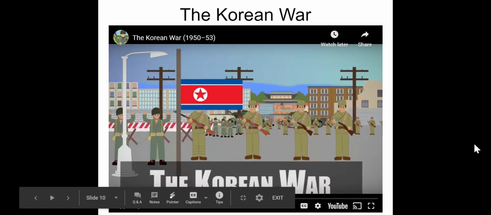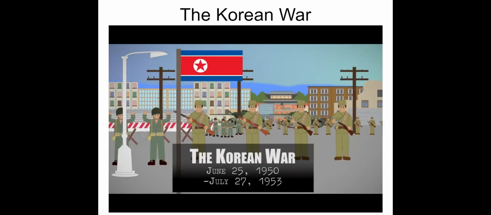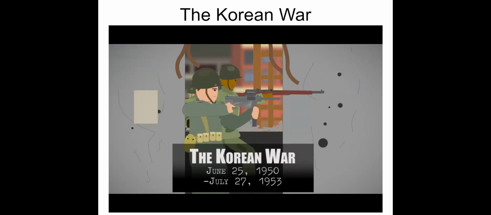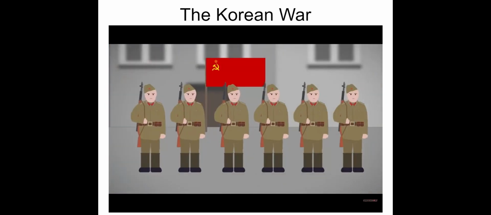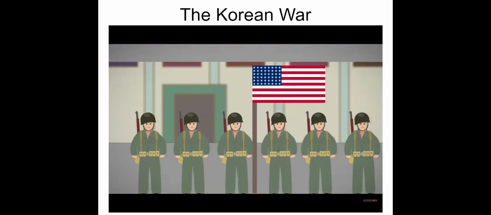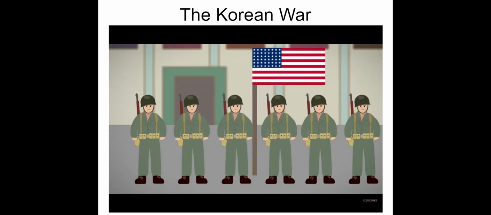The Korean War, June 25th, 1950 through July 27th, 1953. At the end of World War II in 1945, Korea was freed from Japanese control. North Korea was occupied by the Soviets while the South was occupied by American forces.